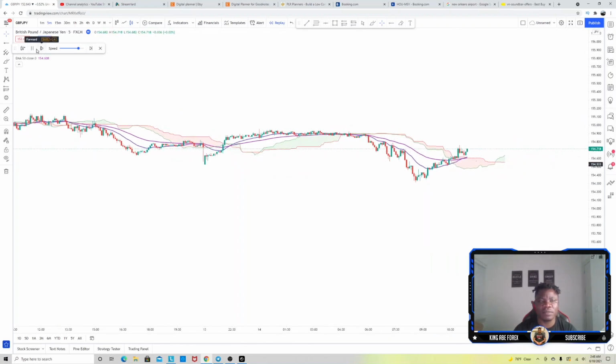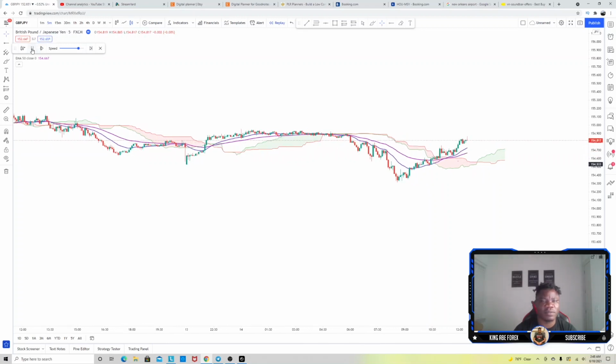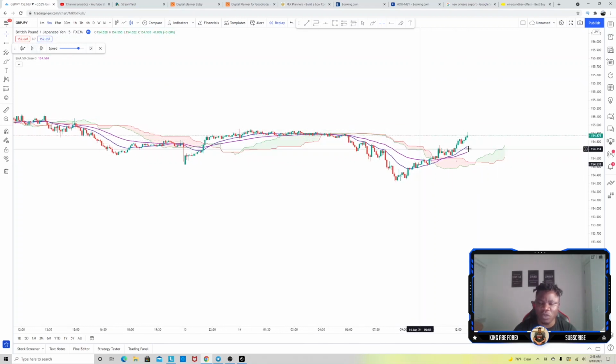Now your entry would have been this candle right over here, this bullish candle right here. This would have been your entry, because you need to make sure that price is above the previous high before price actually pulled back. So that's where your entry is going to be. Your entry is going to be above the previous high.